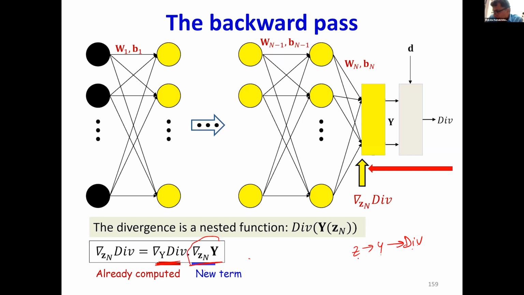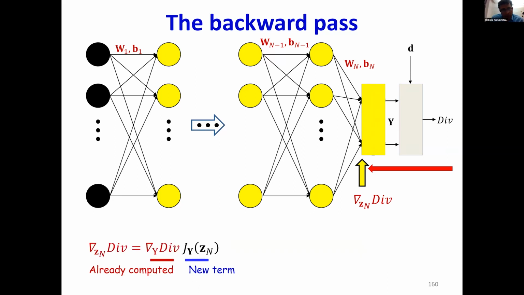And this guy is simply the Jacobian of this activation function. So the derivative of the divergence with respect to y times the Jacobian of this activation function is going to give me the derivative of the divergence with respect to z. It's a trivial piece of computation, nothing fancy, right?